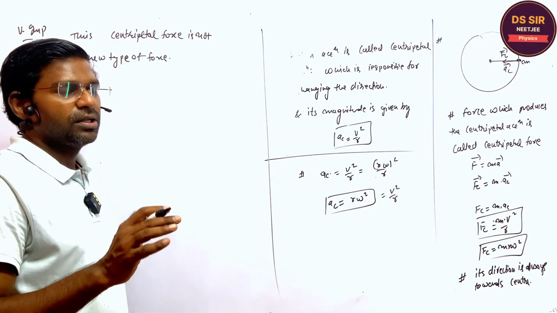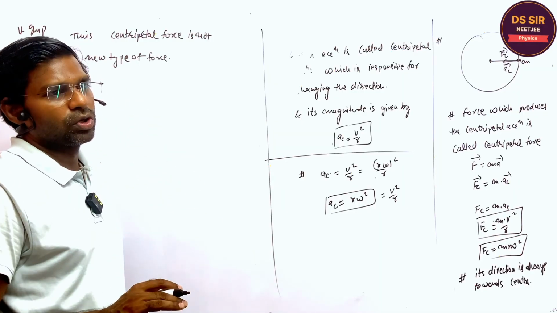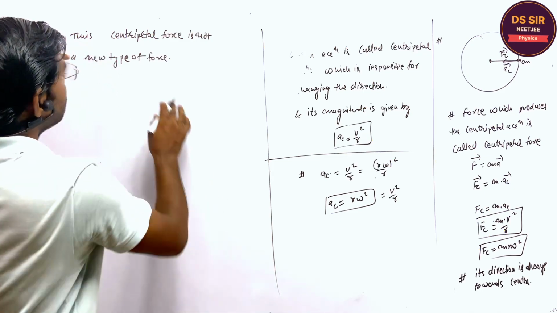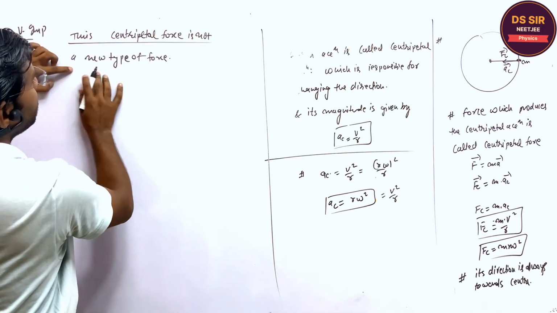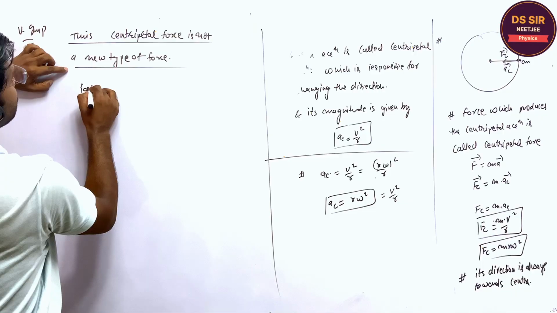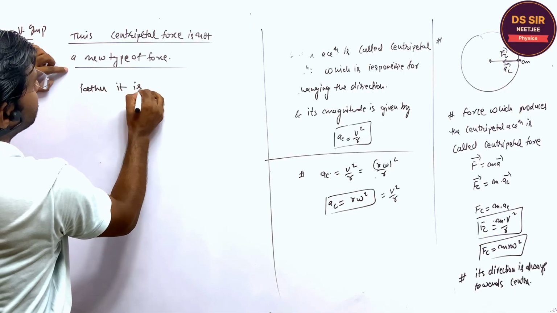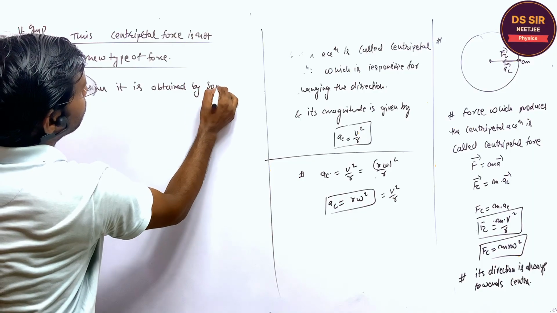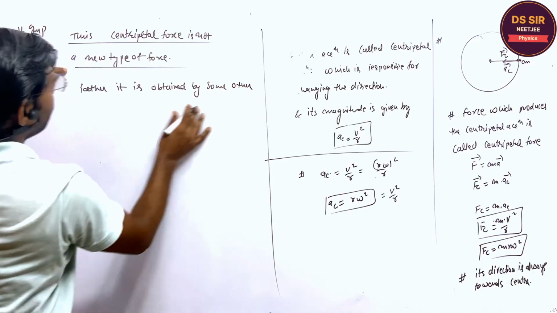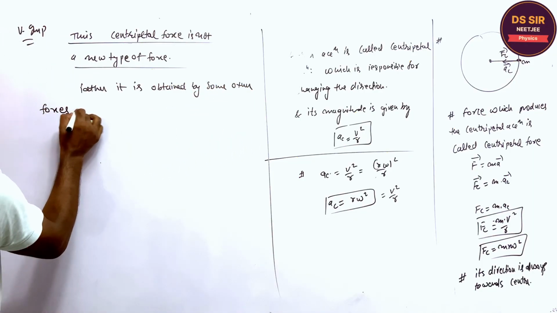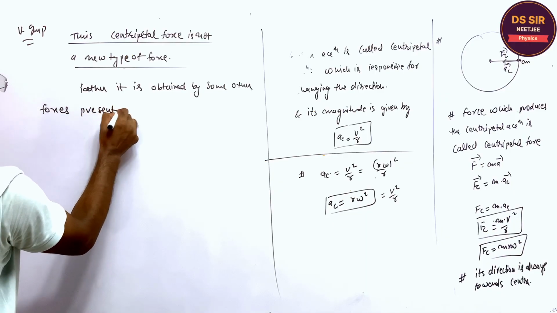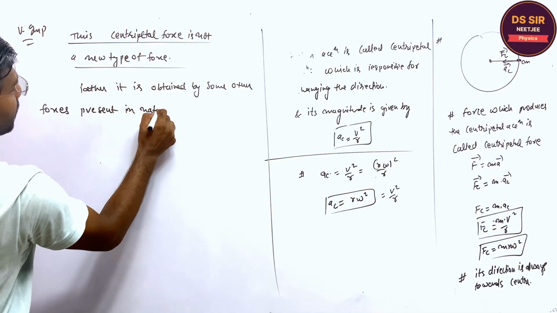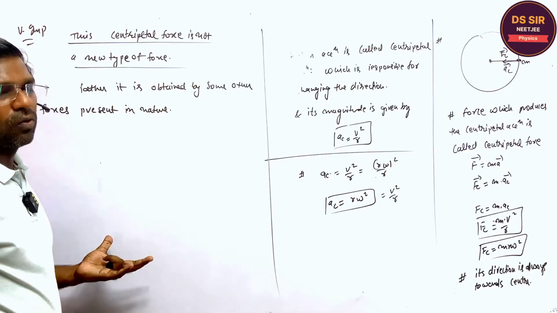Electromagnetic, gravitation, weak nuclear force, and strong nuclear force. This force is not a new type of force. Rather, it is obtained by some other forces present in nature, right? It is not a new force.